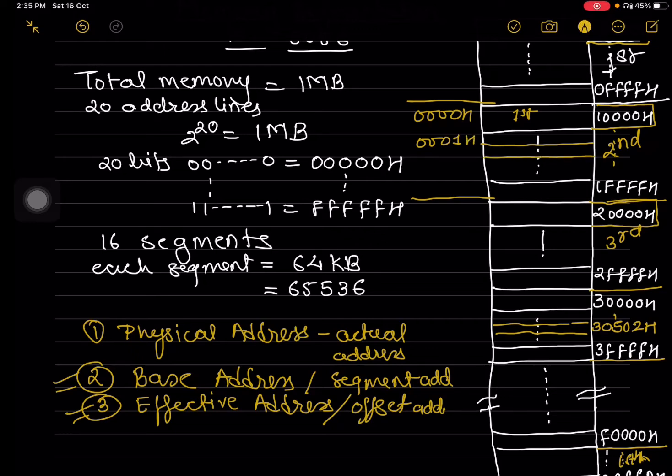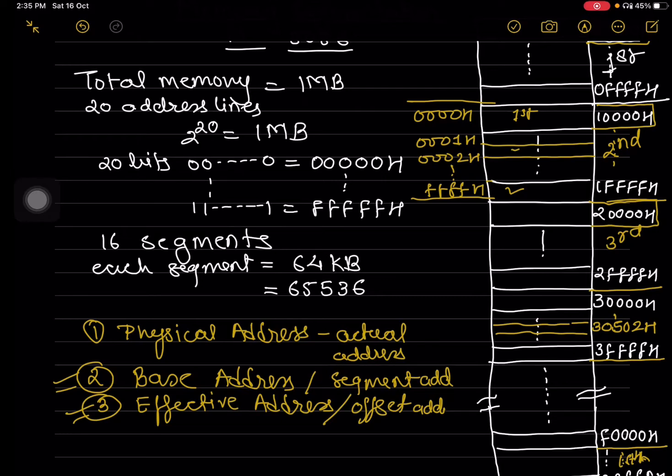The even further next location is 2 locations apart. If I consider the last location of this segment, it is FFFF locations apart from the starting location. So for any particular location, how many locations it is apart from the starting location decides the effective address of that particular location.